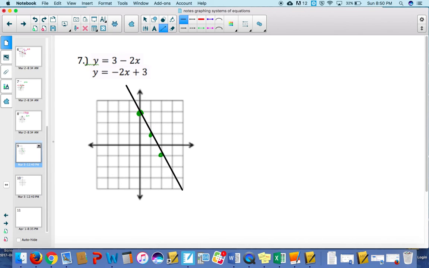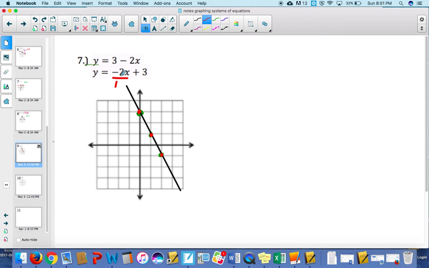Equation number 2 is starting here at also +3. And then we can see that its slope is also -2 over 1.